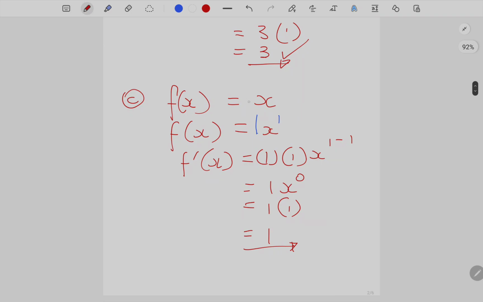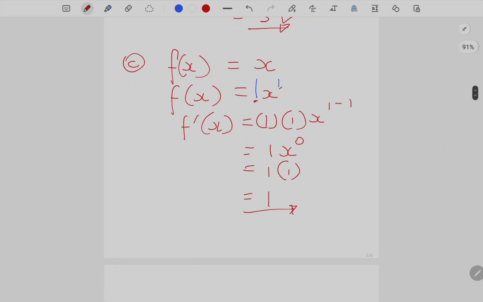So this is the final answer. Then lastly, f of x is equal to x can be rewritten as f of x is equal to 1x to the power 1. As we all know, there's an invisible 1 in front of x, and again, there is an invisible 1 as an exponent there.